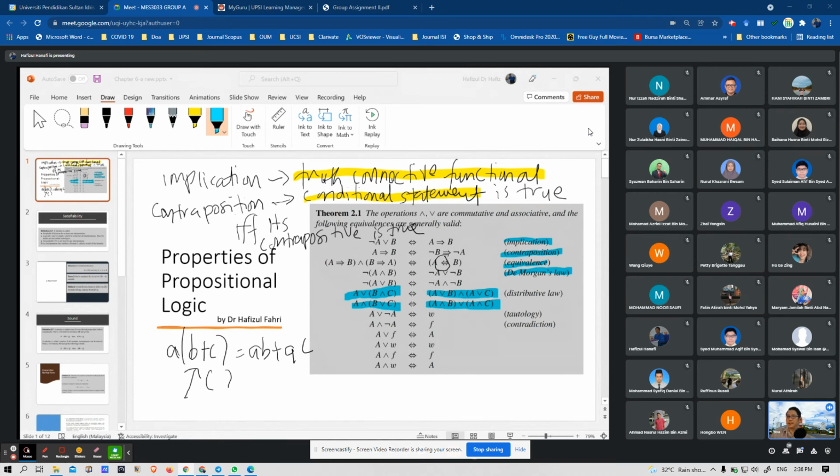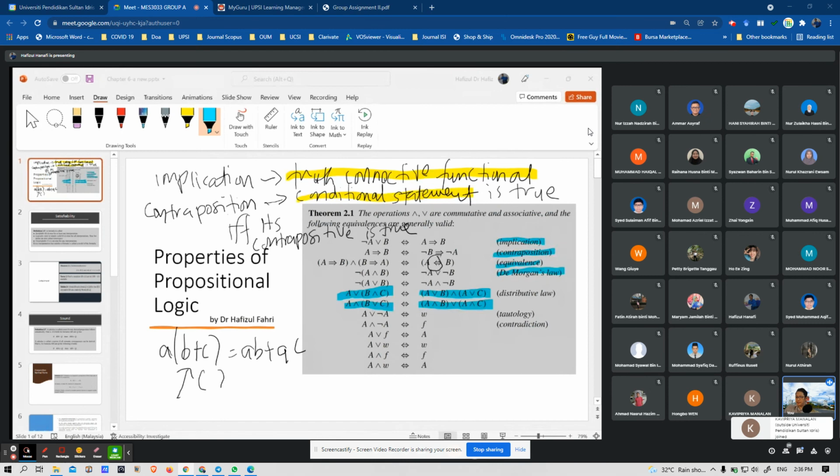In the truth table, the output will be all true. An example is simple: either the ball is green or the ball is not green is always true. This one is a tautology.